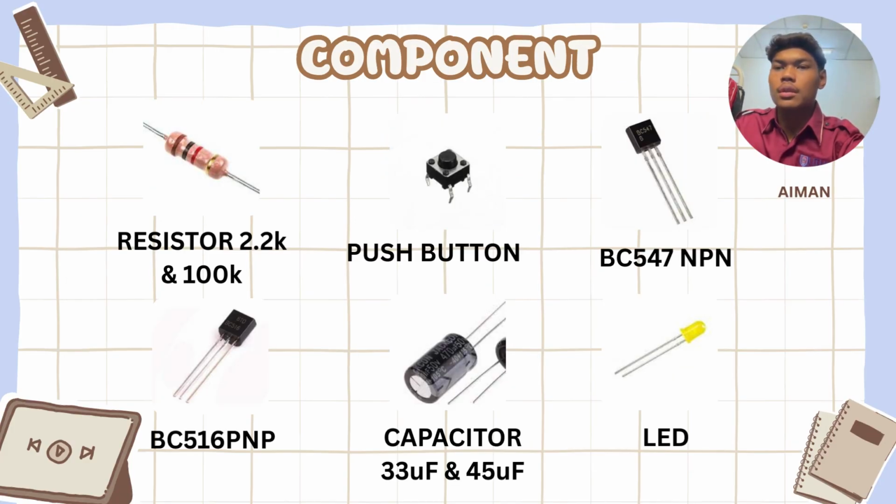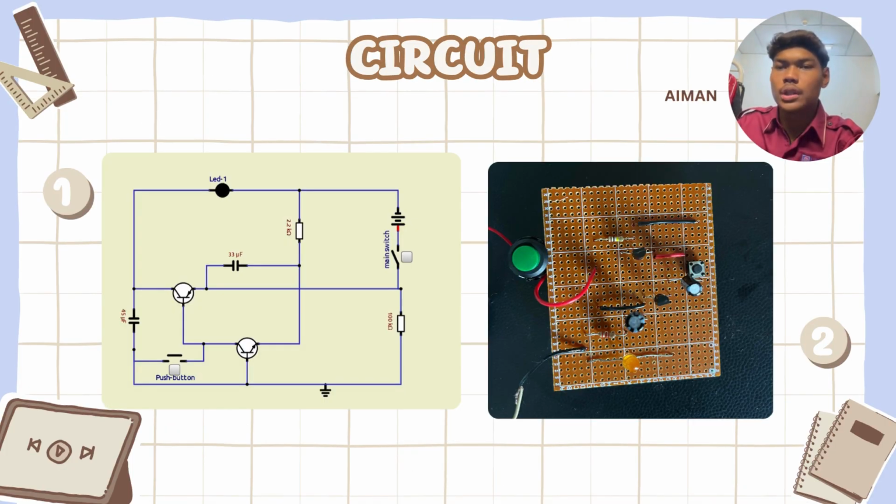For the components, we use resistor 2.2K and 100K, push button, BC547 NPN, BC516 PNP, capacitor 33 uF and 45 uF, and LED. For the circuit diagram, the circuit functions as a simple LED delay system.